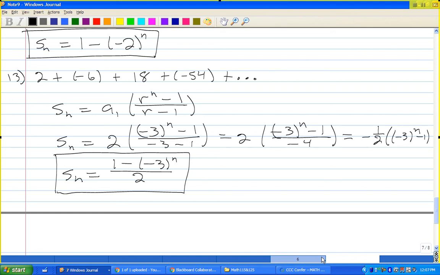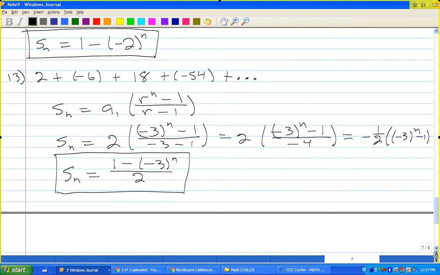And so what I found is a formula for the sum of the first n terms in terms of n, the number of terms that you're adding. So it doesn't say to come out with a number. It says to come out with a formula in terms of one unknown, n, the number of terms that you're adding.